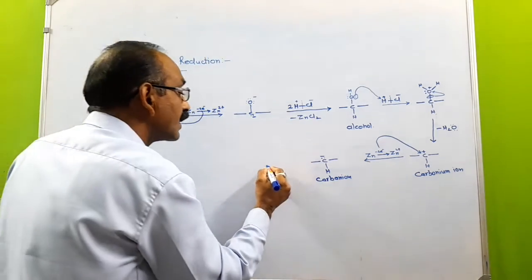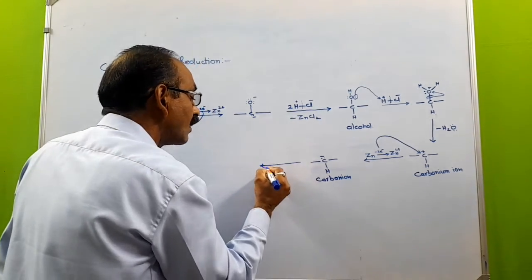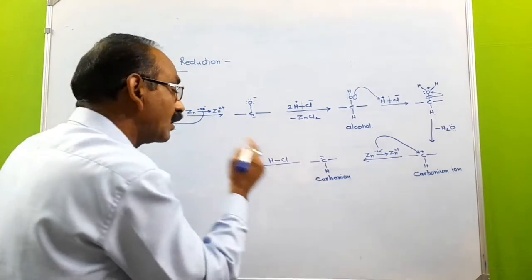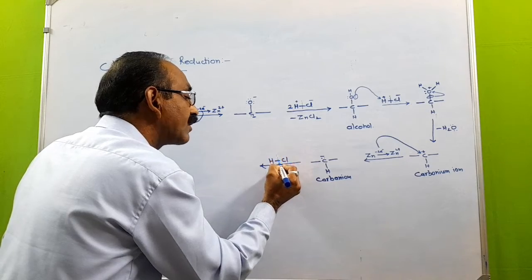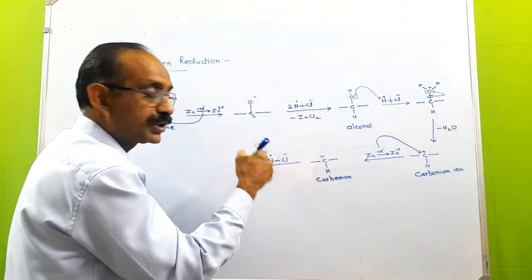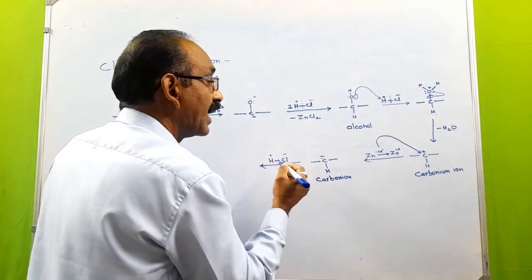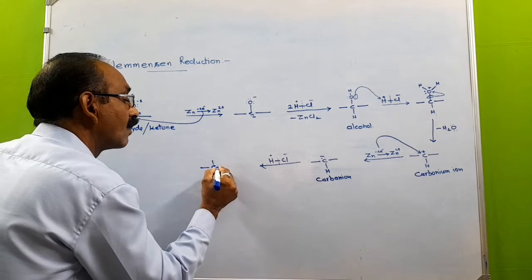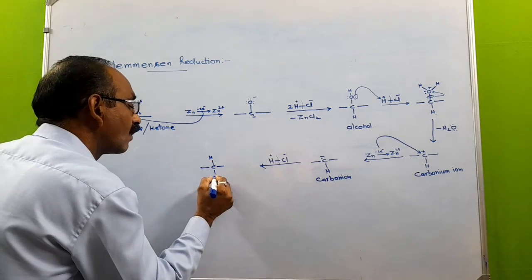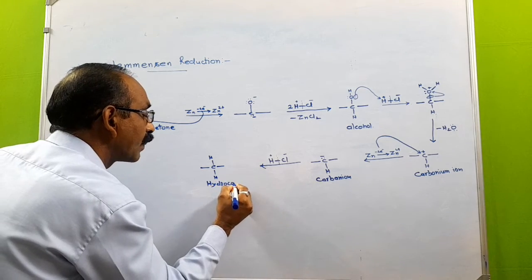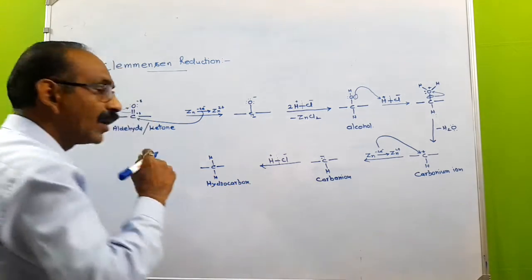Now this negatively charged carbon will take one H plus ion, which is obtained by the dissociation of the HCl, and a hydrocarbon will be obtained.